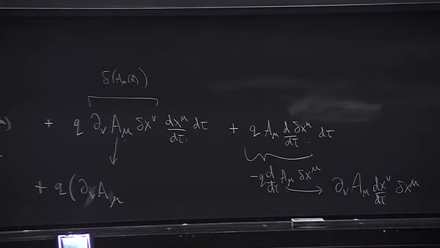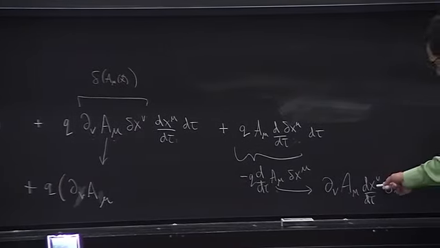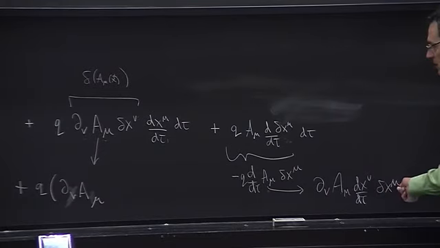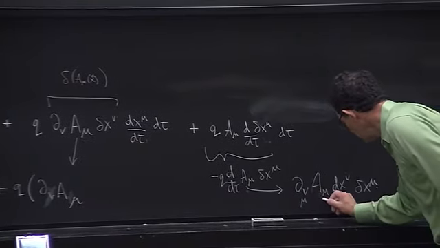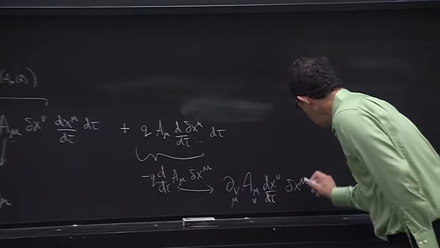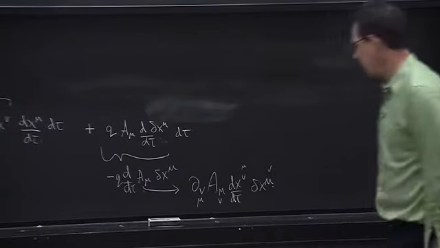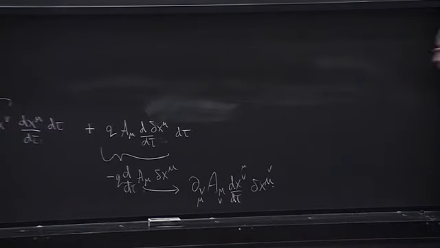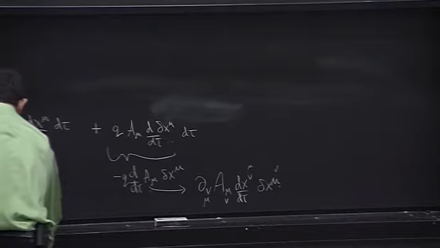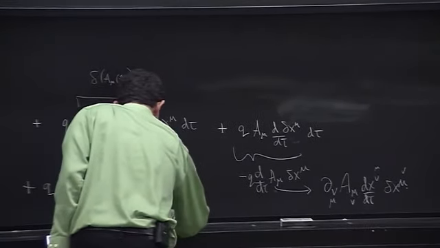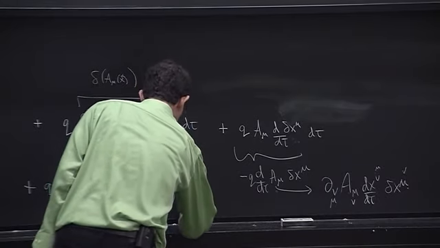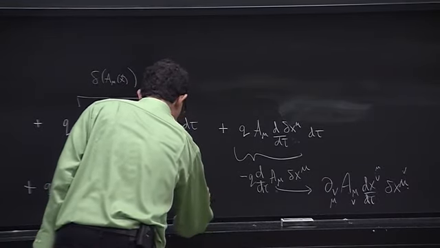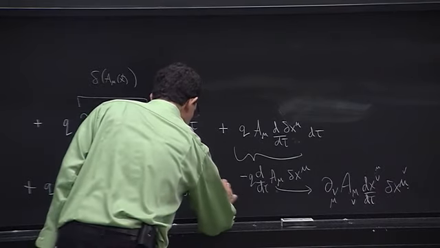In the last term, I've got delta x mu with dx nu d tau. So these indices got flipped between the two terms. So what I do is just relabel these indices, calling mu nu and nu mu that way. Okay? And then what I've got here is minus d mu A nu, and then delta x nu dx mu d tau.